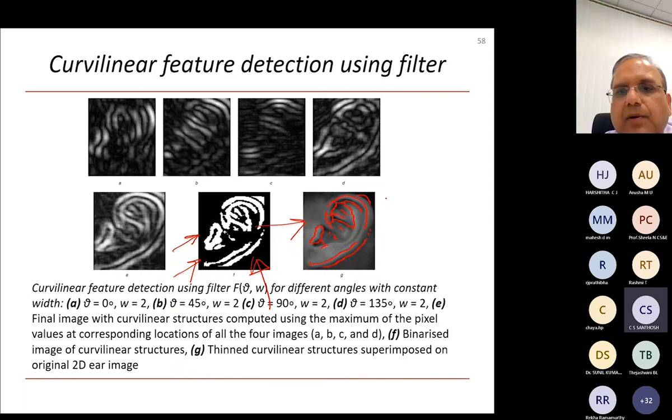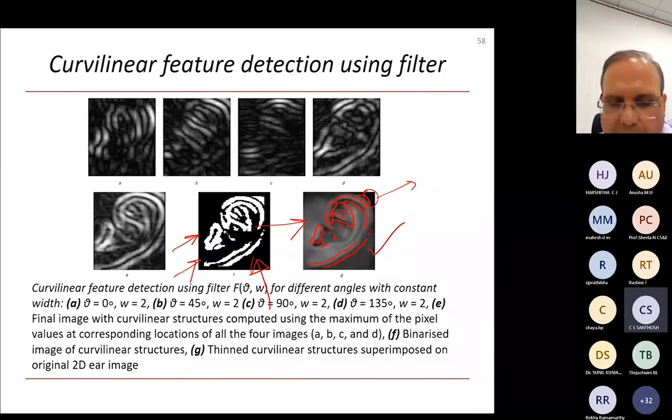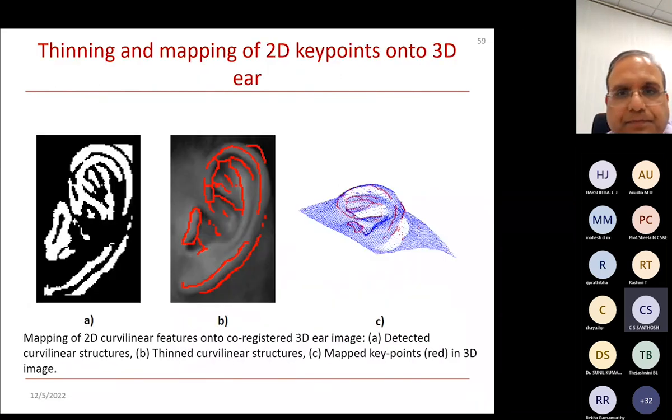When you map them on the 2D image, the mapping looks something like this. All the red points that you see here are the feature points. They have been superimposed on the 2D image to get better visualization. So from the 2D image we extract these points, and then these salient points are mapped to 3D.